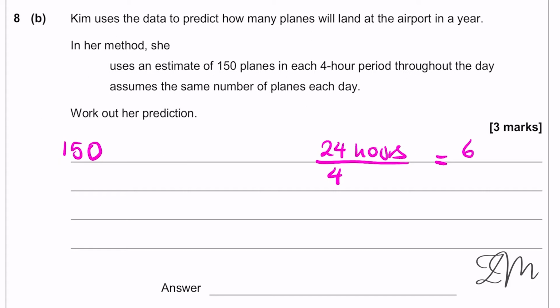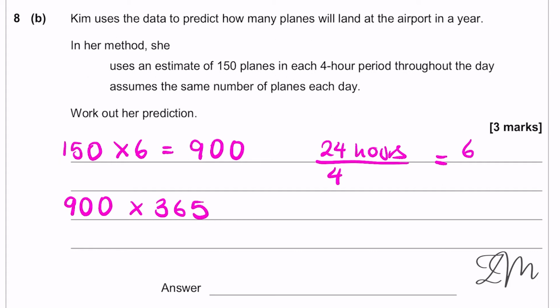So we're going to have 150 times 6, and we'll find out how many come in every day. So 15 times 6, we know is 90. We add the 0 for 900. And then we're going to make the assumption that there are 365 days in the year. So we're going to multiply that by 365.